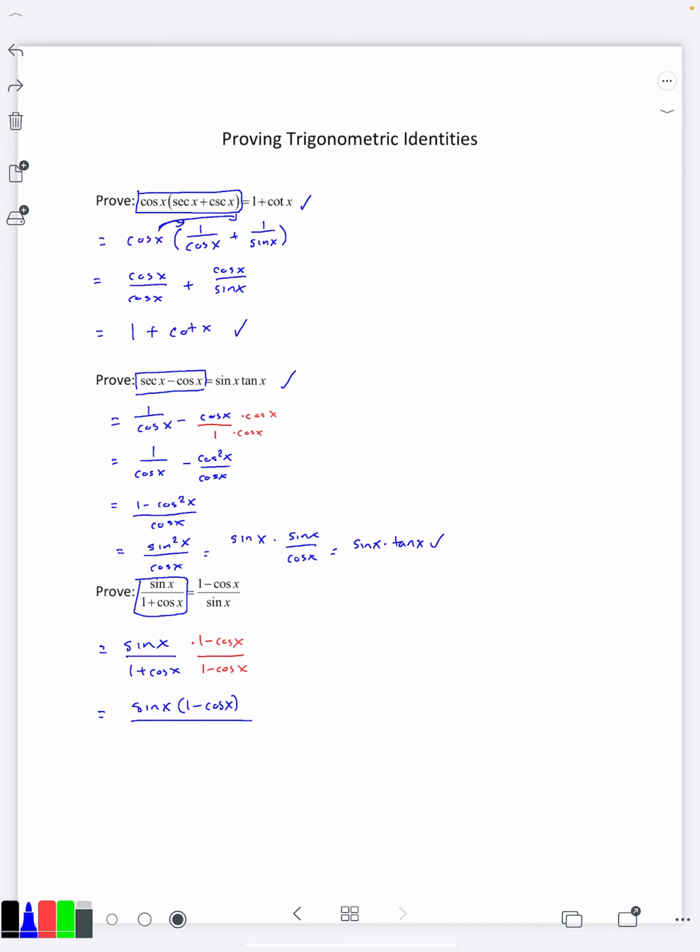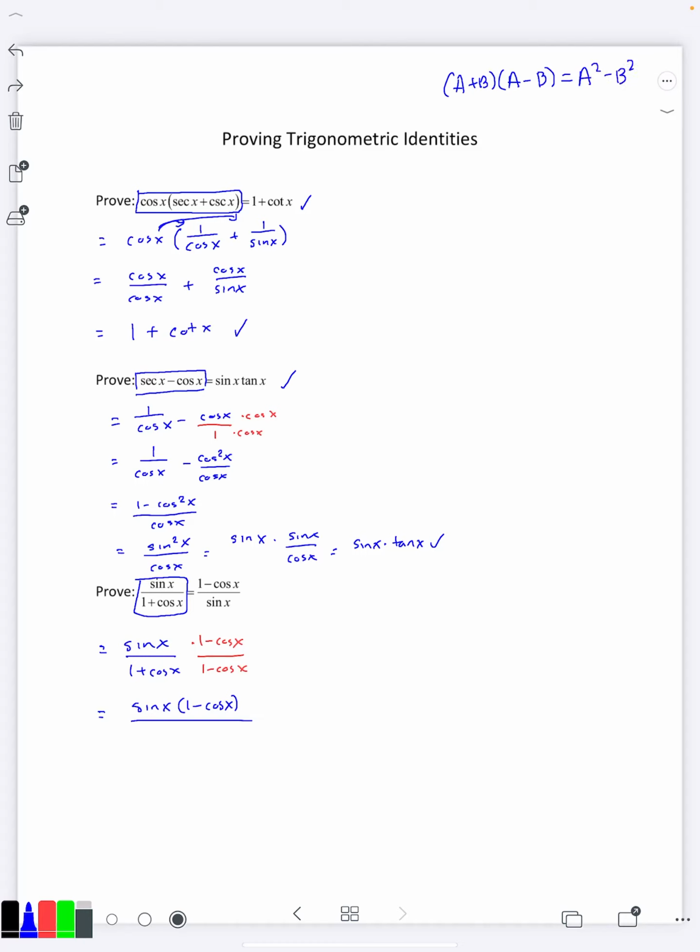And then on the bottom, the reason why we multiply by the conjugate, when you do, just a reminder of algebra up here on the top, if you do a plus b times a minus b, you get a squared minus b squared. So on the bottom here, we have 1 plus cosine x times 1 minus cosine x. It's going to simplify to 1 minus cosine squared.